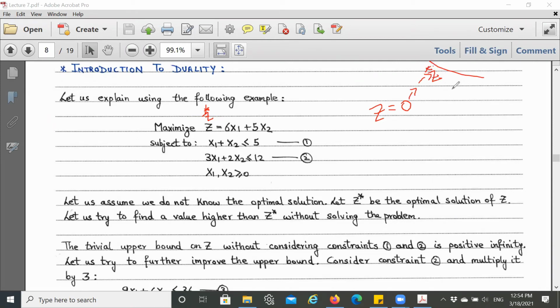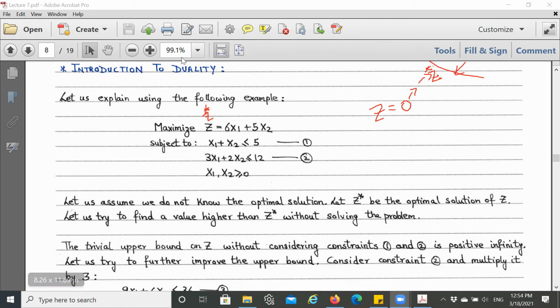To explain the duality theorem, I'm trying to find an upper bound, and from the upper bound I get towards Z star. What is the maximum value Z can have? Obviously, the maximum value Z can have is infinity if we do not have this bound, but we are trying to lower that bound to some countable value.